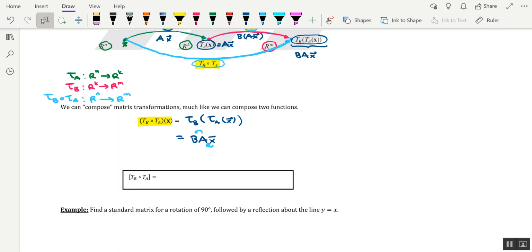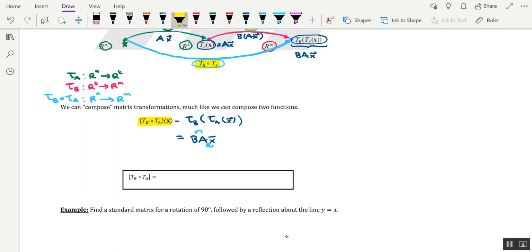To close things out for this video, I want to share with you some alternative notations that are commonly used with composition of matrix transformations. Sometimes bracket notation is used, since the true nature of a matrix composition is a product of matrices.